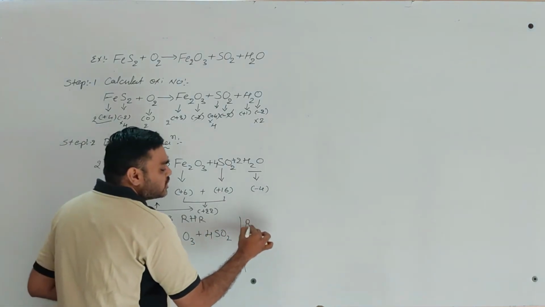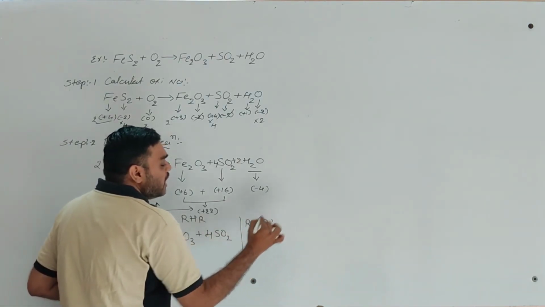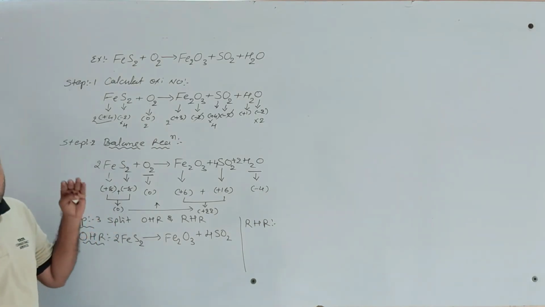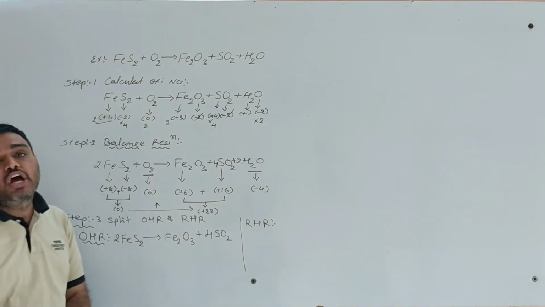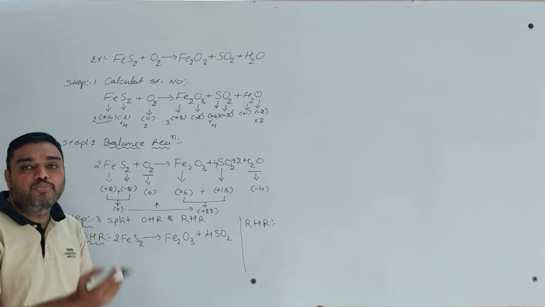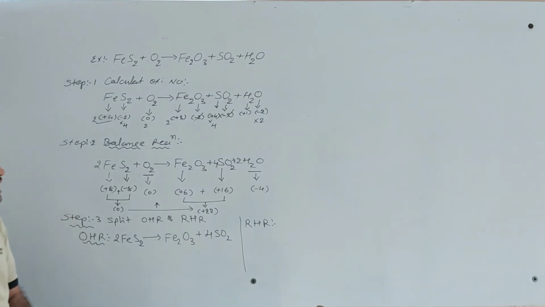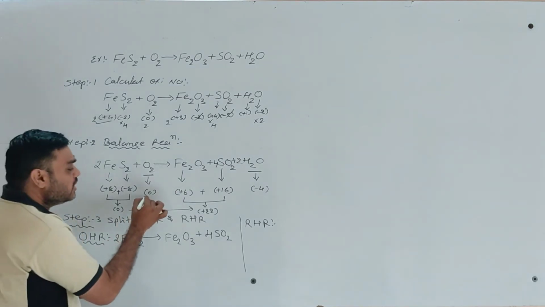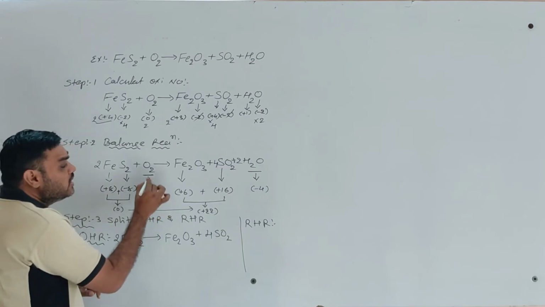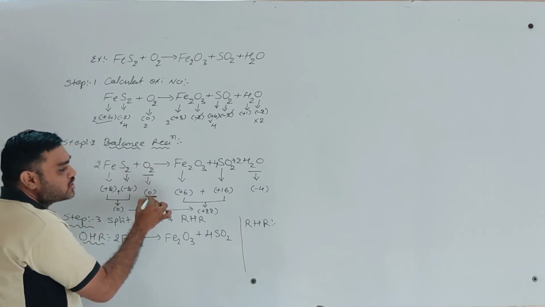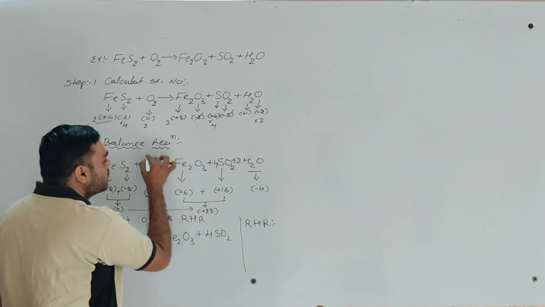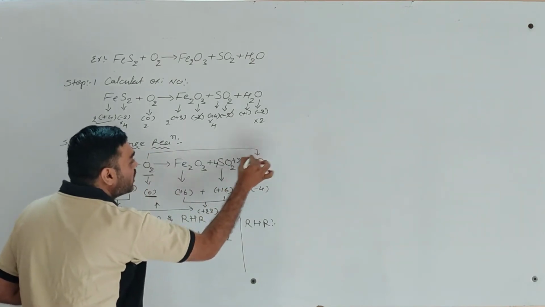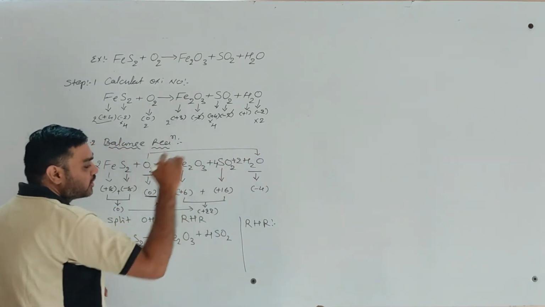Similarly, reduction half reaction. As you know, the half reaction in which oxidation number decreases from reactant to product, you will consider that is reduction half reaction. You can easily understand that the oxidation number of dioxygen decreases from 0 to minus 4 in this reactant to product.